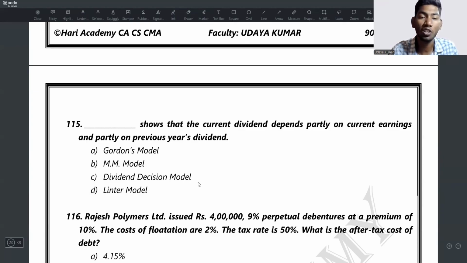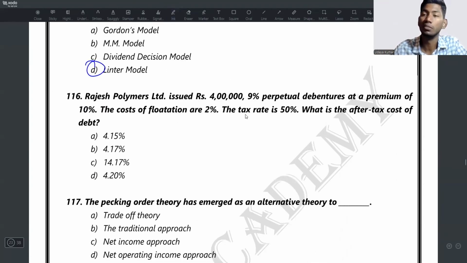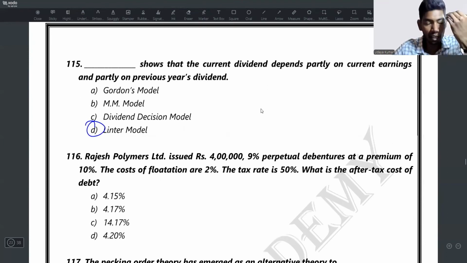You must have knowledge of what the economists have proposed in their theories. So it is said by the Lintner model. Okay. So in this manner, you can also revise your concepts. Under the Lintner model only, it is said that the current dividend depends partly on current earnings and partly on previous year's dividend.